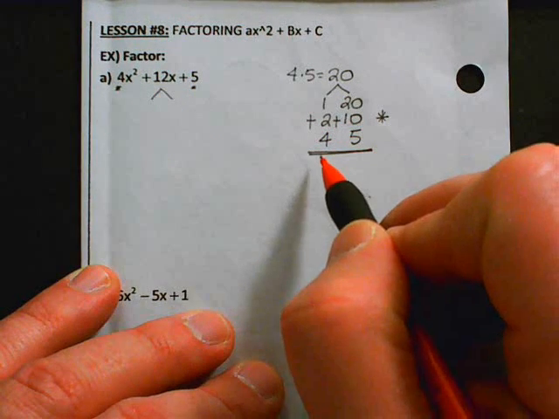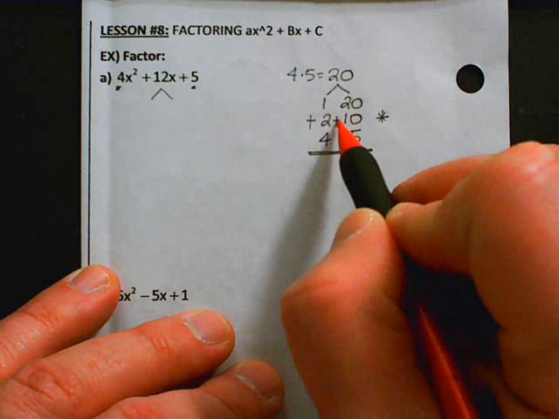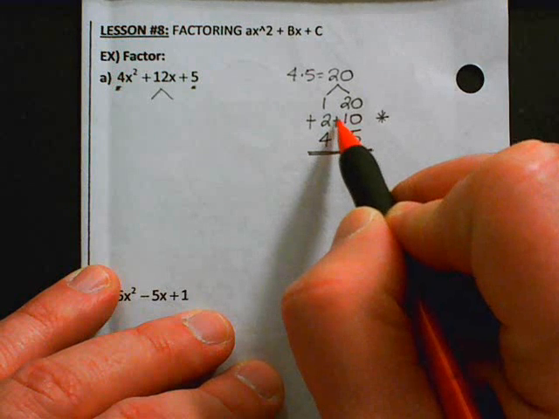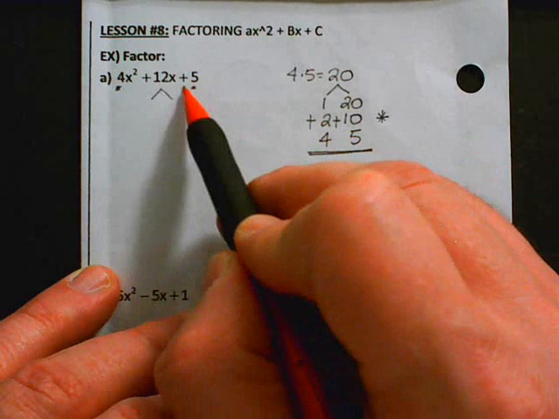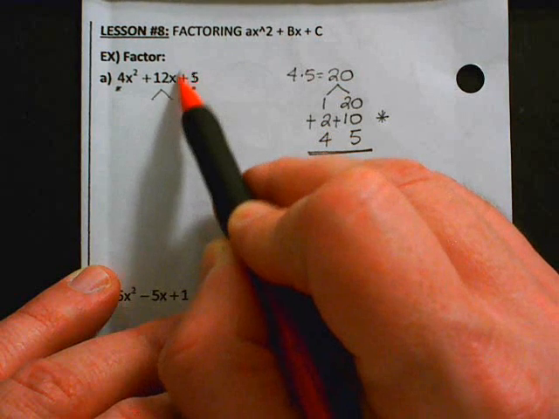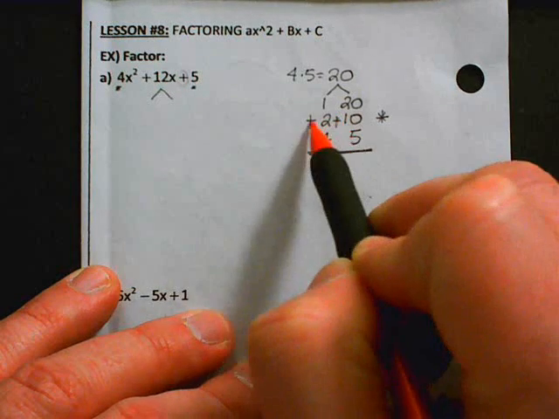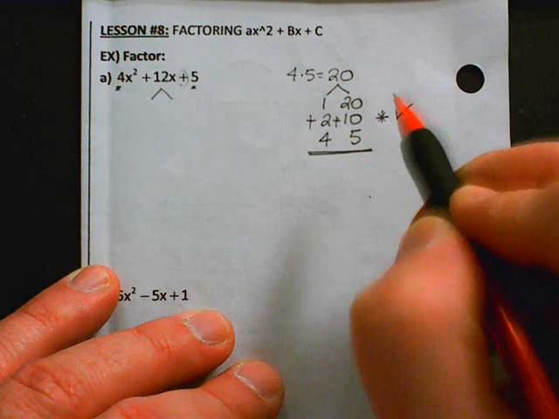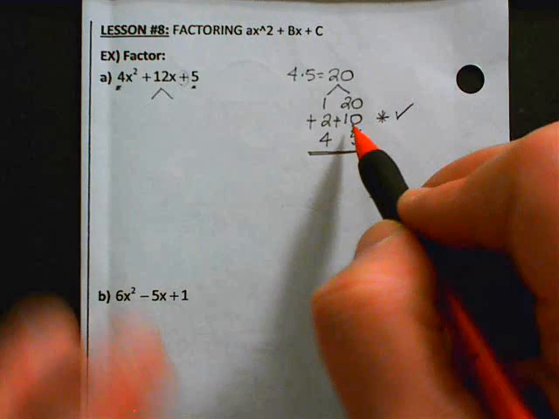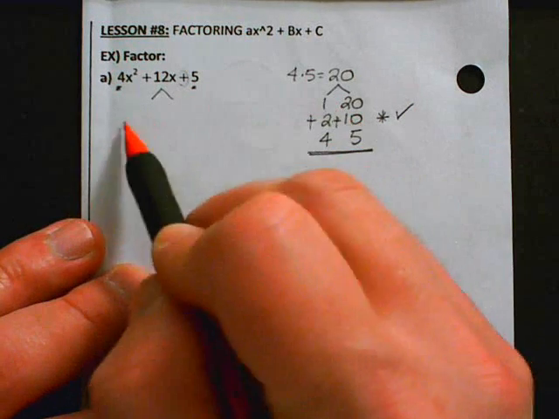Now, final check. You need to make sure that when you multiply a positive times a positive, it gives the sign of the third term over here. So a positive times a positive, does it give me a positive? Yes, it does.